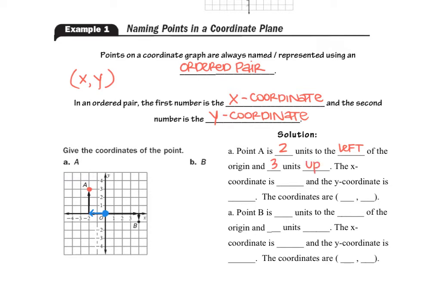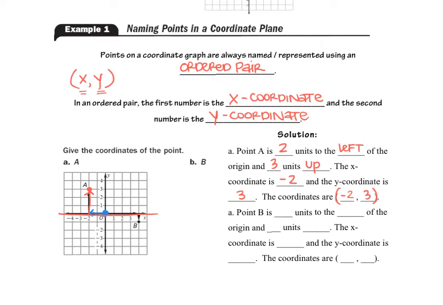Notice we move first along the x-axis, that means right or left, and then second along the y-axis, up or down, and that's because the first coordinate is x, the second coordinate is y. So you always move right or left and then up and down. So the x-coordinate is -2, the y-coordinate is 3, so we would say that point A is located at the point (-2, 3). And notice they already had them there for you, but those parentheses are important.